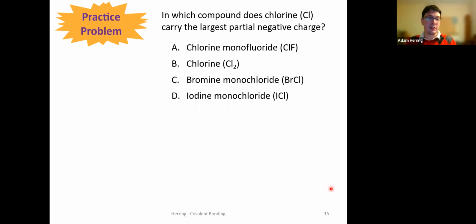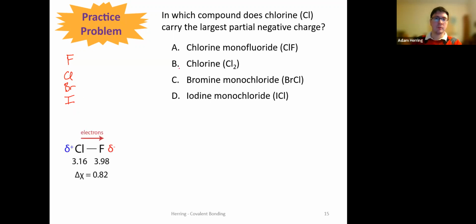Therefore, the only thing we need to consider is which one is higher up on the periodic table. So if we draw the relative positions of these elements, we see fluorine at the top of the group, then chlorine, then bromine, and then iodine.